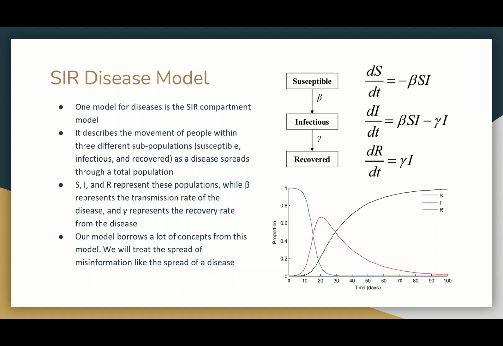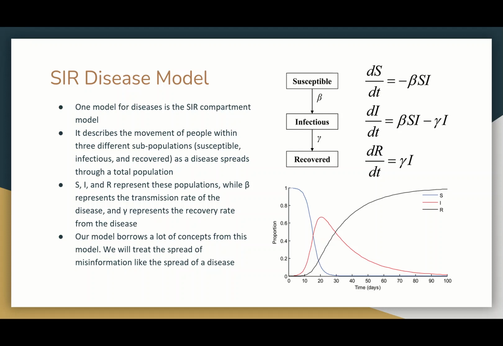In these equations, anytime you have two populations multiplied together, it just represents how much they come into contact. Something like dS/dt, where beta is the transmission rate, is saying how many people leave the susceptible group based on the transmission rate and the contact between susceptible and infected.